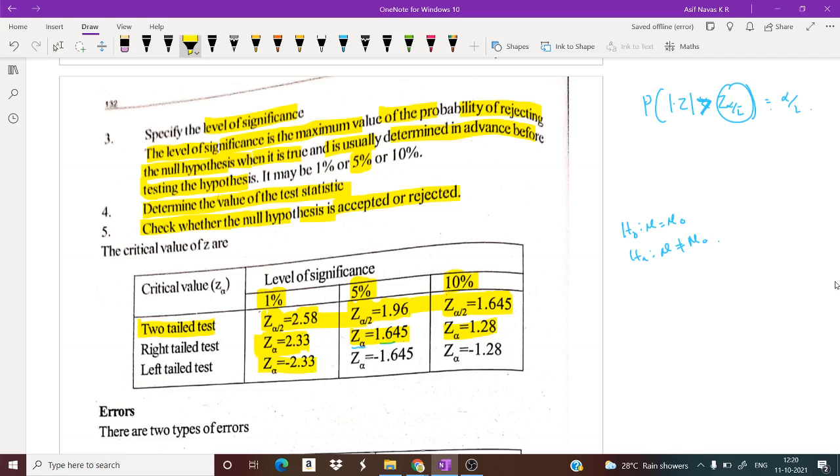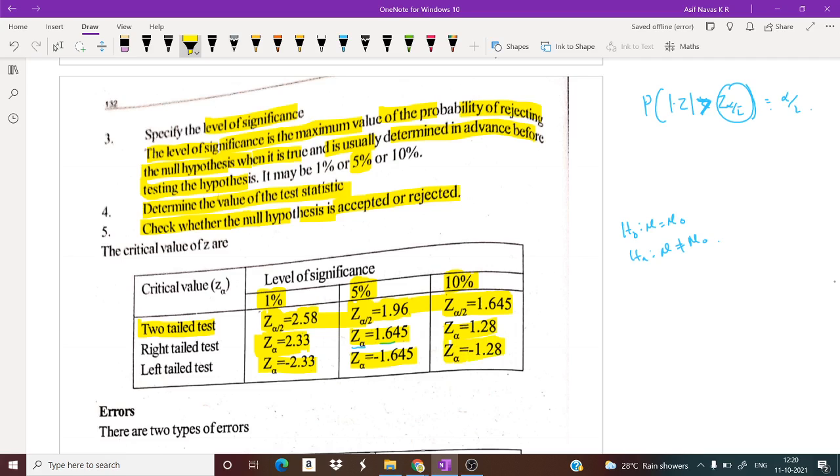Z alpha is minus 2.33 at 1%, minus 1.645 at 5%, and minus 1.28 at 10%.